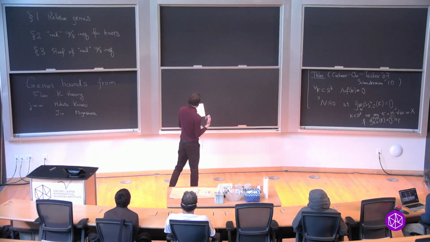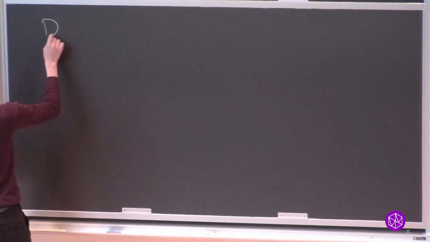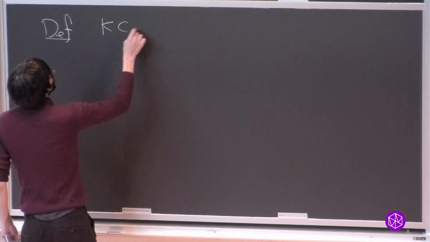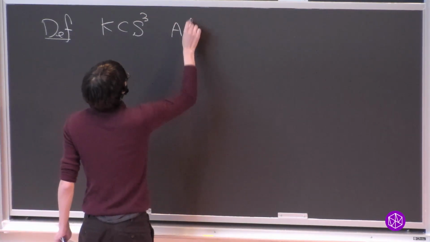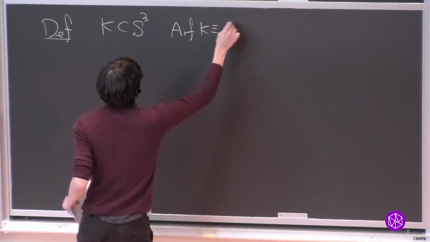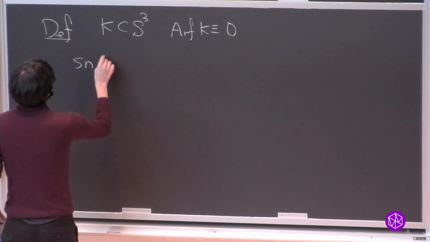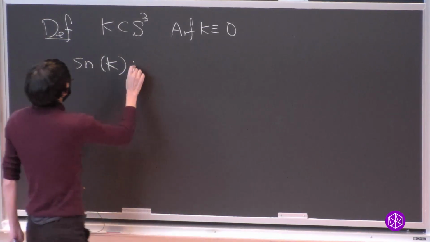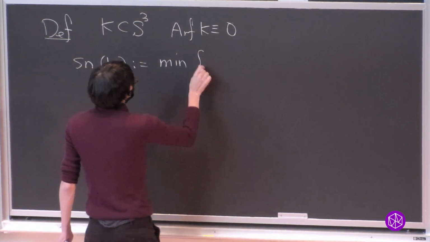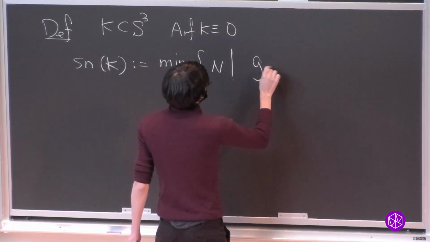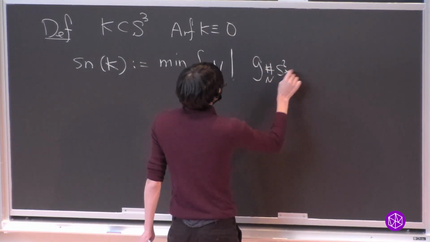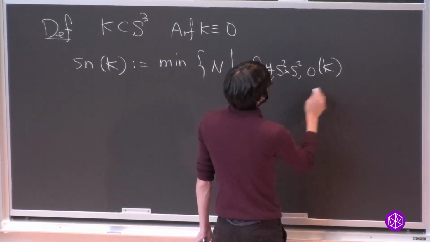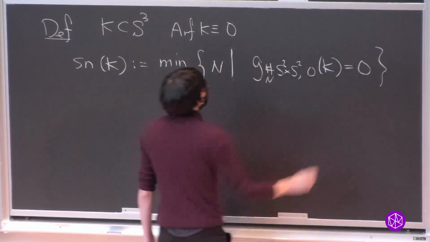This theorem enables us to define the following knot concordance invariant for any knot with trivial Arf invariant. We can define the so-called stabilizing number, which is just the minimal number n such that K is H-slice in n copies of S^2 times S^2.